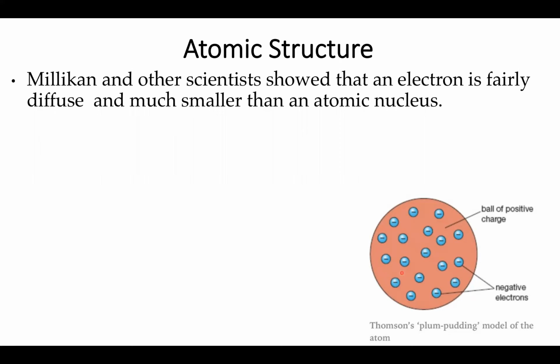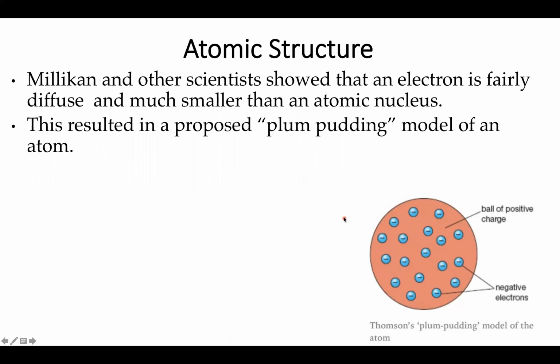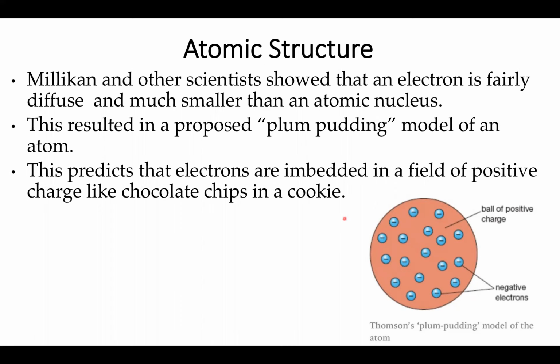So one of the first proposed models is called the plum pudding model. Good proof that this was proposed by an Englishman, because us Americans don't really have plum pudding. But a better way to think about this for an American is going to be the chocolate chip model. So imagine an atom like a chocolate chip cookie.